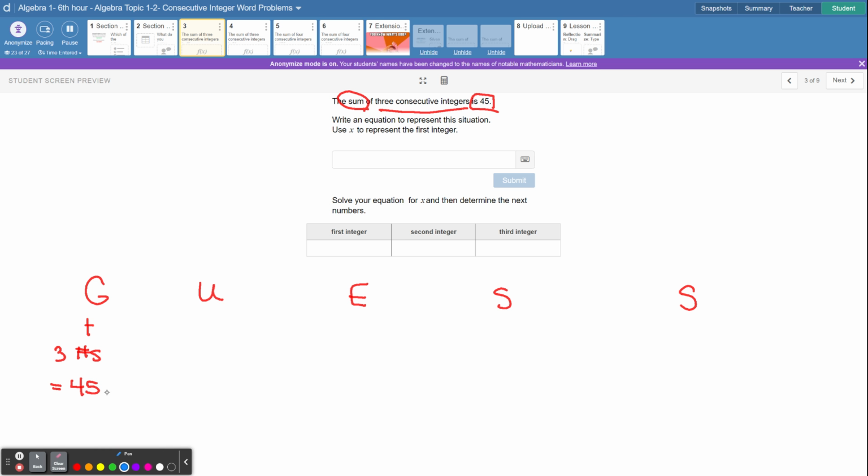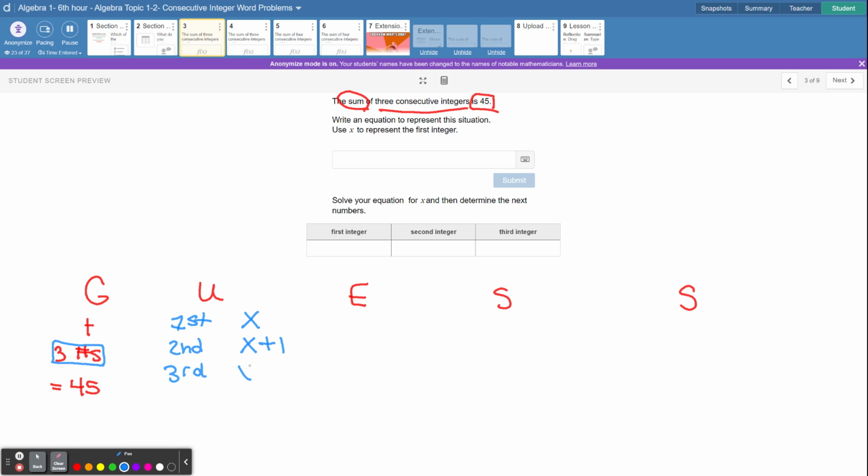Notice that we talked about 3 numbers. We don't know what those numbers are. We just know that we're going to have 3 of them. So just like in our table in slide number 2, our first number is going to be represented by x. It will always be x. Our second number, we're always going to have to add 1 to that x.